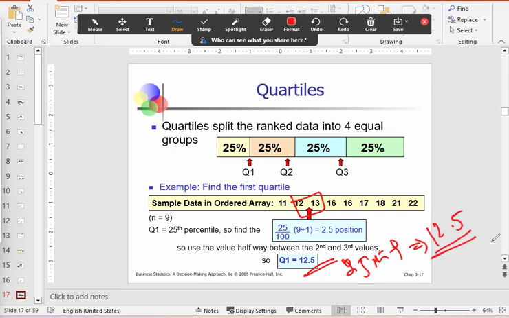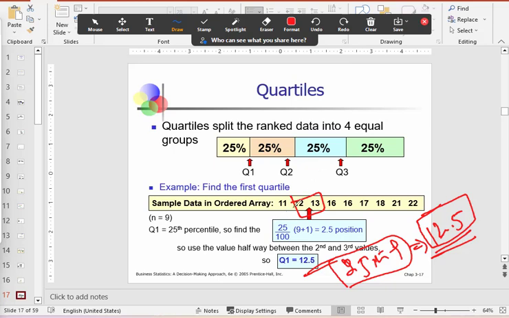The answer is 12.5. So it means that in this data set, 12.5 is bigger than 25% of the data. That is, if we get this answer, it is bigger than 25% of the data, meaning 25% of the people or respondents who gave the data, and it is smaller than 75% of the people.